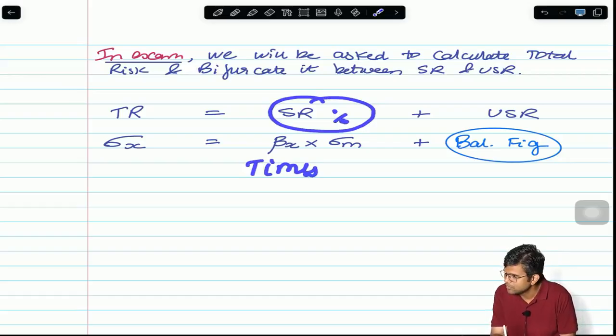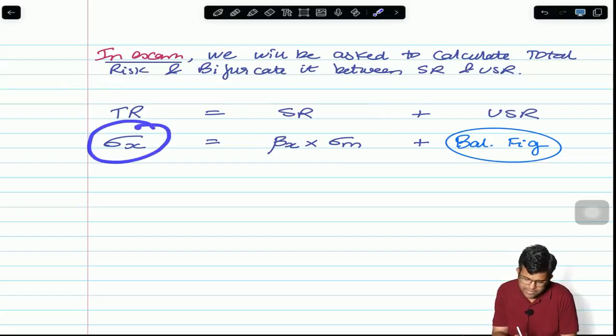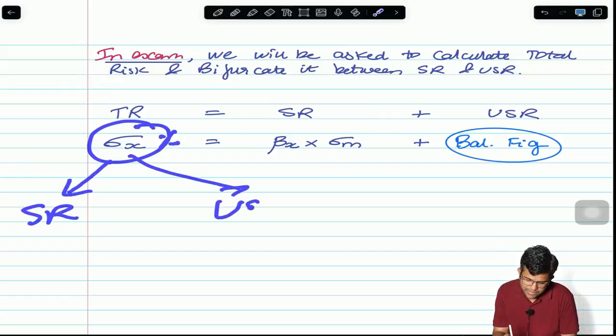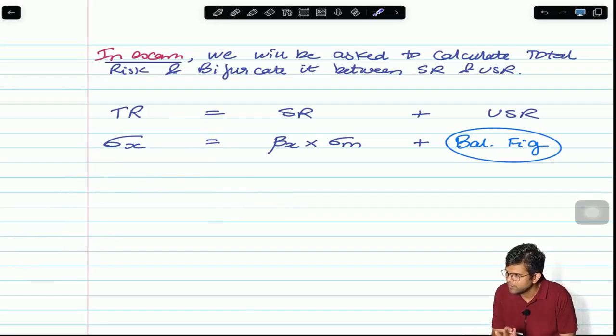You're understanding now? For that I am calculating this. Everyone following? Total sigma. Sigma is a percentage. When I say of this sigma, something is SR and something is USR. This SR cannot be expressed in times now if this is percentage. You're understanding, no? Clear? Okay.